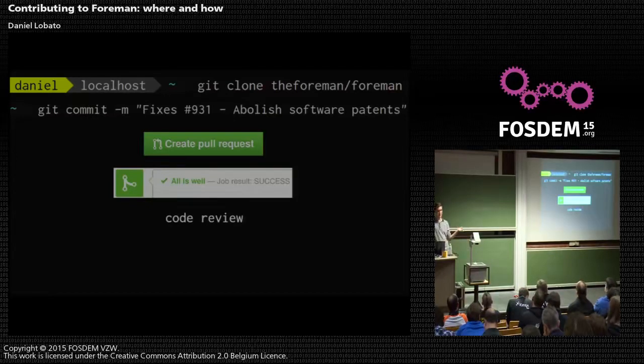Then if the review goes well, if it's a minor change, and Rubocop didn't complain, it can probably go in. If they suggest to you better ways of doing it, just take those into account, and you either make another pull request or force push to that branch.